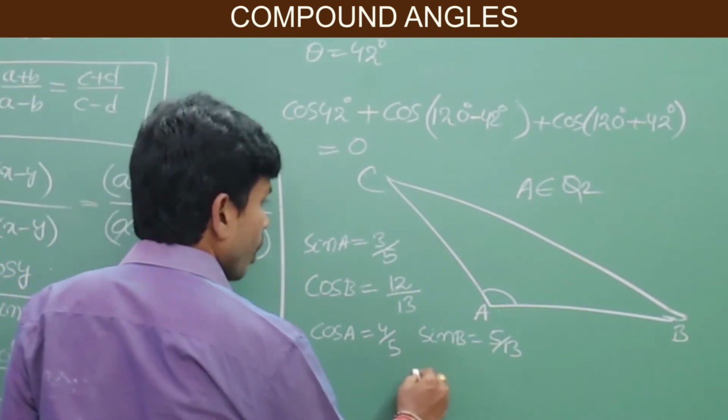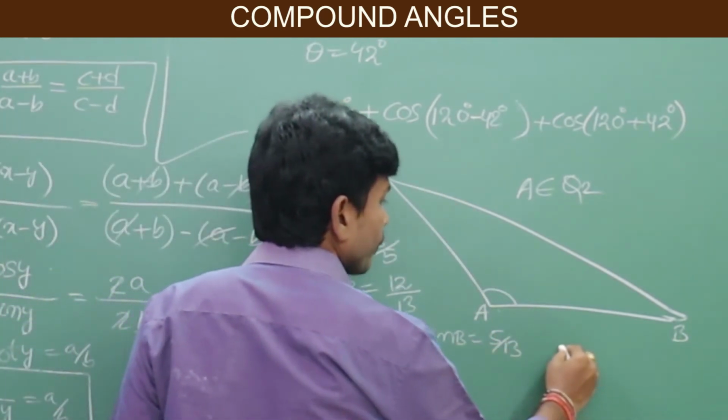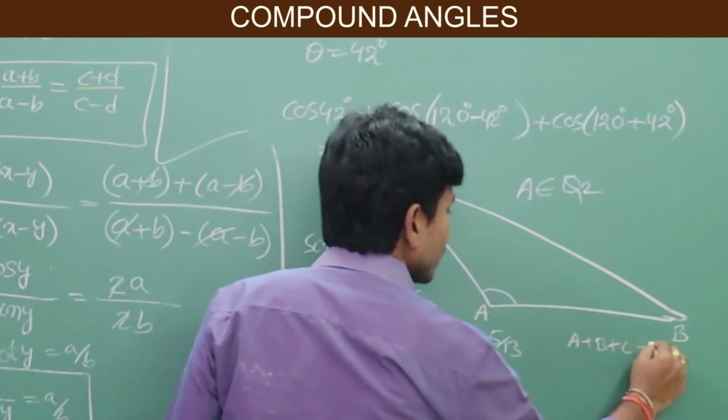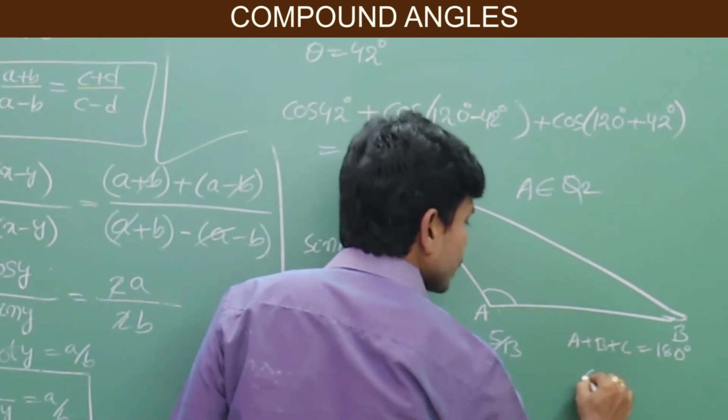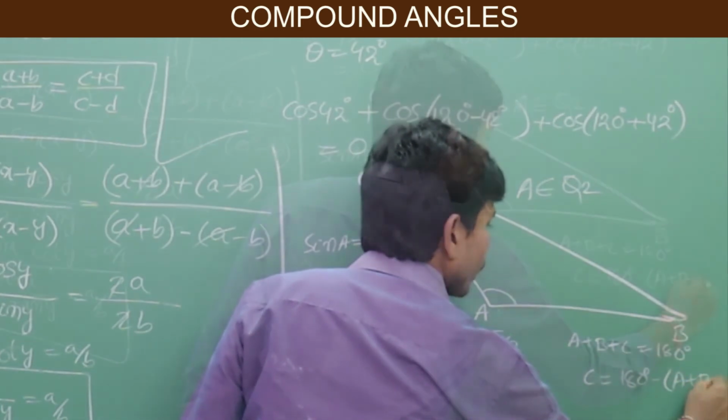Now you have to find sin C. Then you know the form. Here you have one triangle ABC. In triangle ABC, A + B + C = 180 degrees. C = 180° − (A+B).